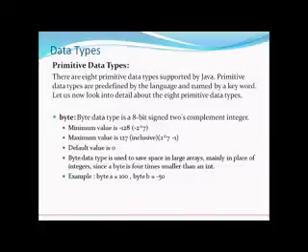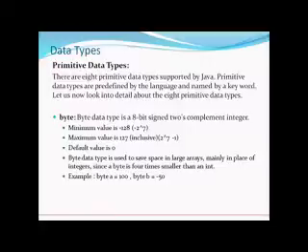A stack is a data structure which is also known as last in first out, or the LIFO data structure. So they are allocated space in the memory stack, whereas the reference data types or the object data types are stored on the heap. Heap is another data structure.